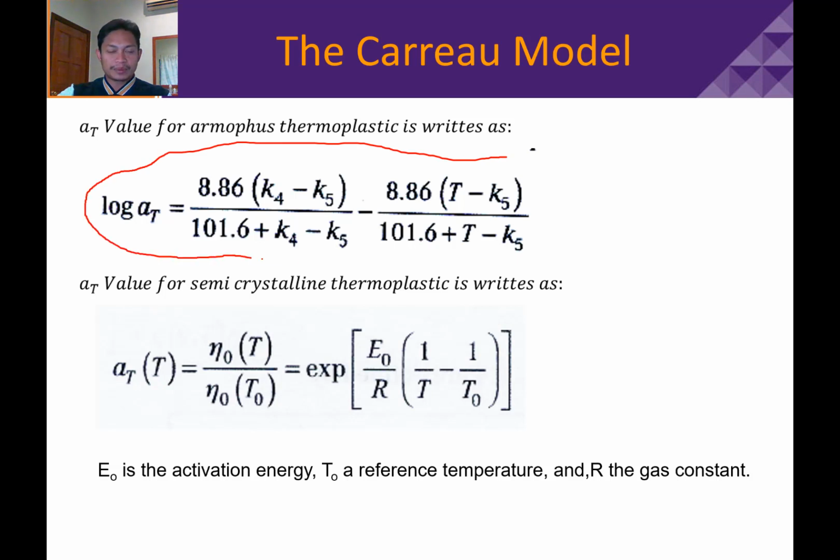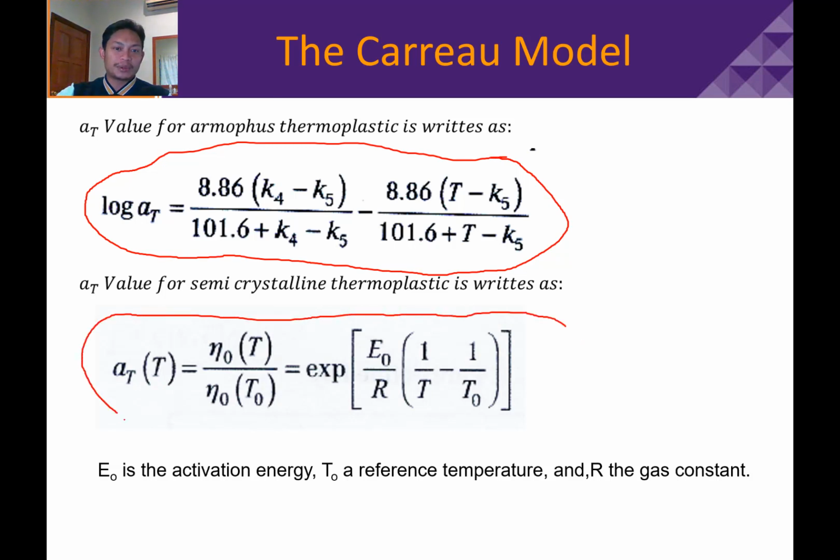Last year this question came out in the final exam, and I did not give the formulation, so you have to memorize the formulation for the amorphous thermoplastic and how to find the AT value for the semi-crystalline thermoplastic.